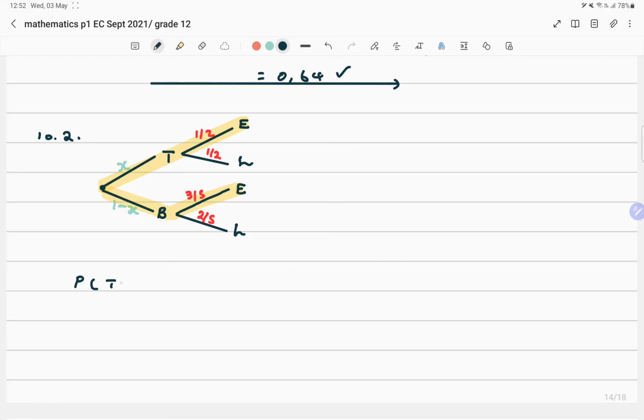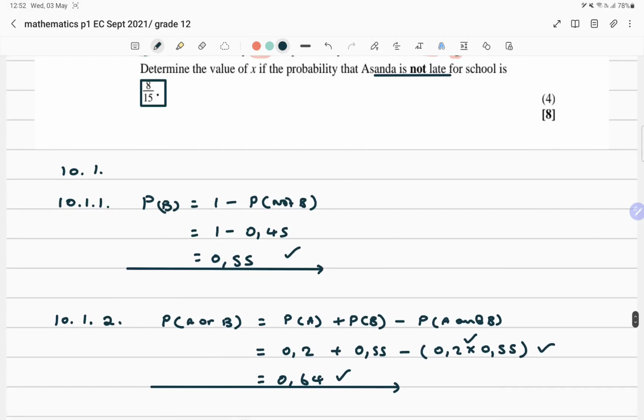So they are telling us that the probability of T and E, and, how do I write this one? Because it's either this or that, is it not? Am I right?